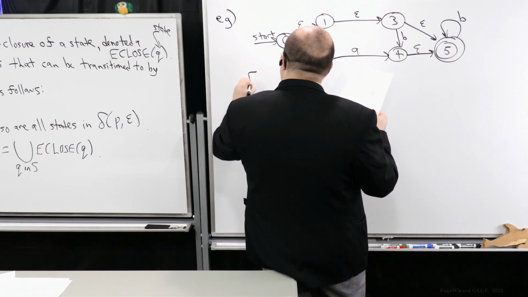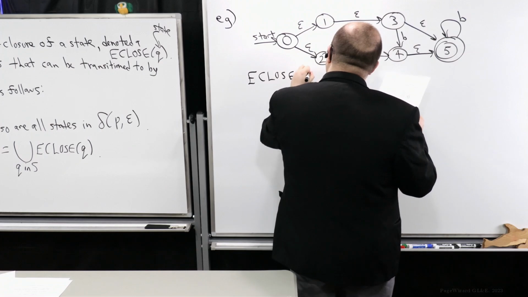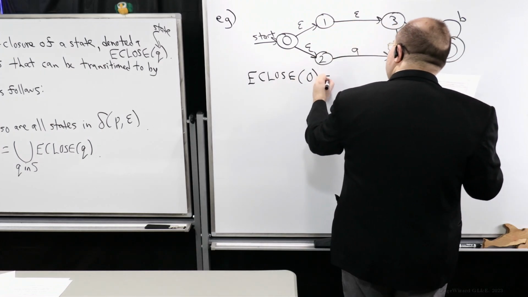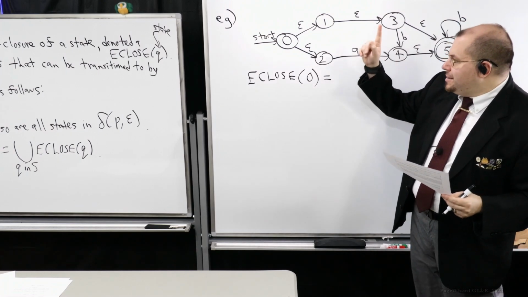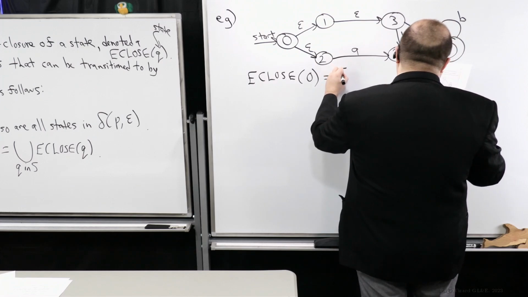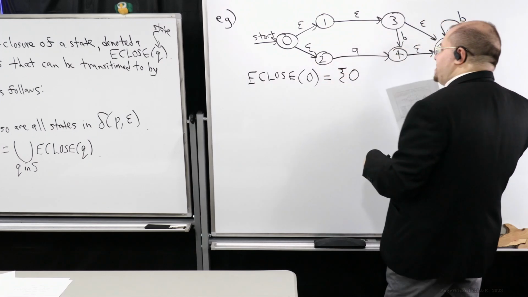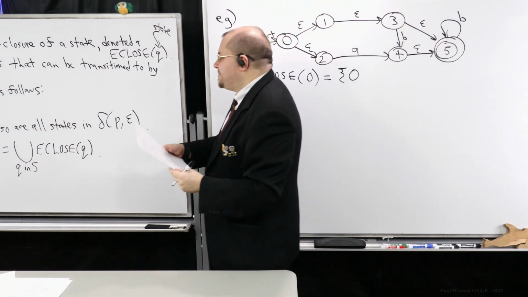So let's consider the epsilon closure of state 0. What would this be then? First, we know that the state itself is a part of this set. We know for certain state 0 has to be in this set. That's what the basis of the definition says.